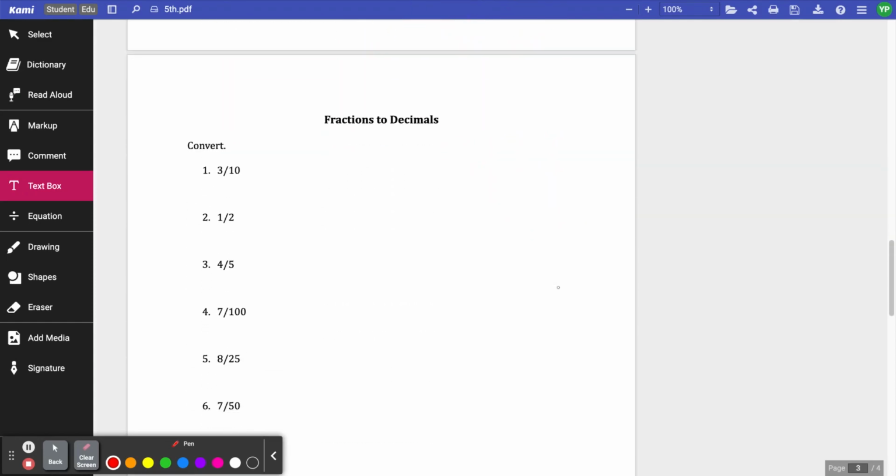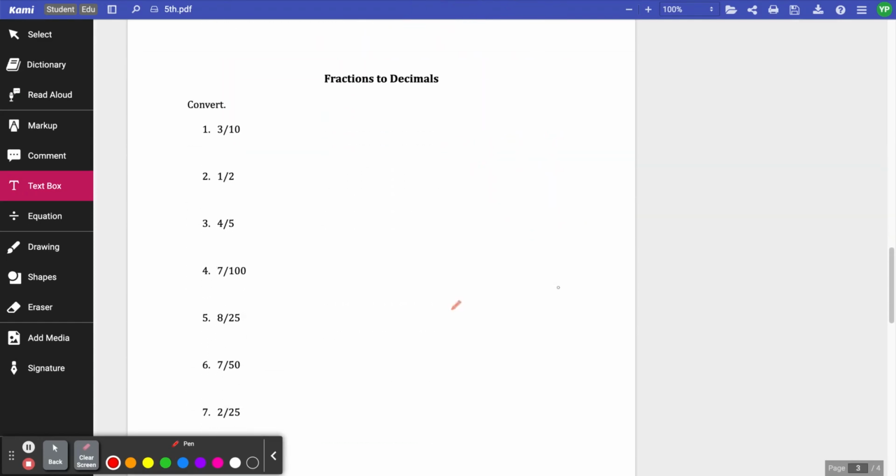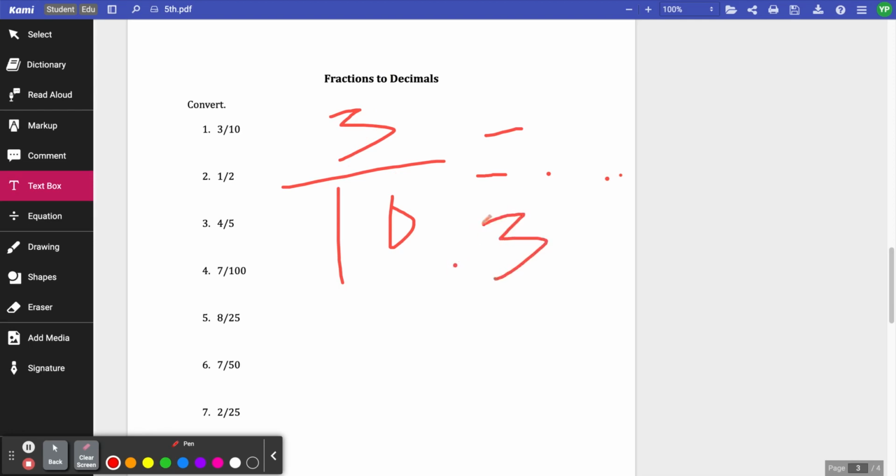Now moving on to fractions to decimals. Basically, we know that 3/10 is equal to what decimal? As we know, anything out of tens, if it's 3, it's just going to be 0.3.